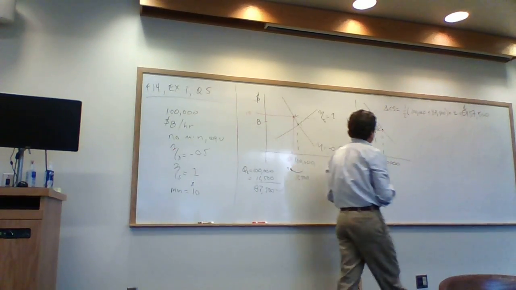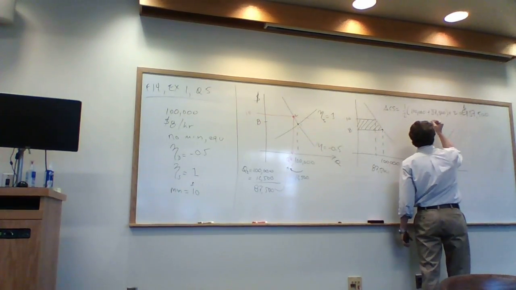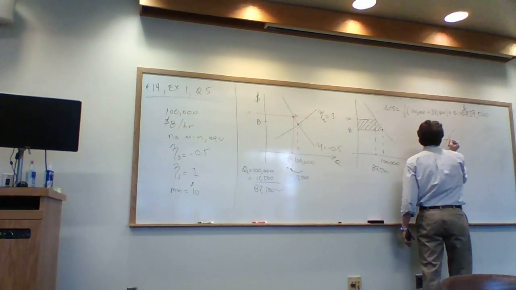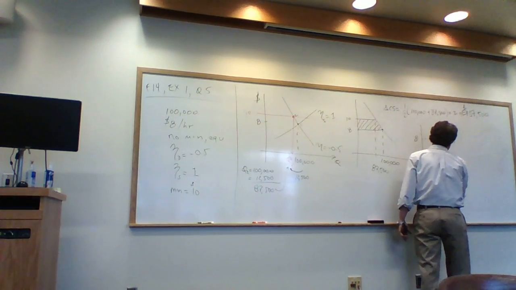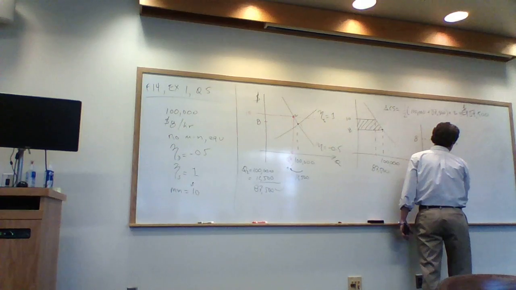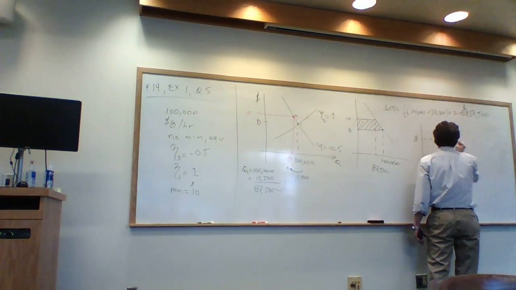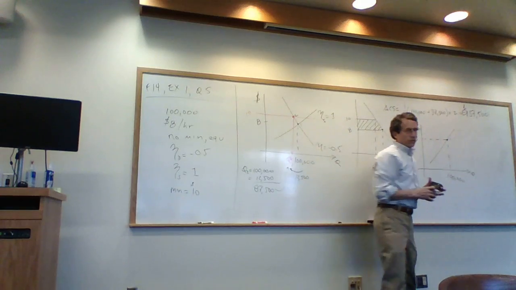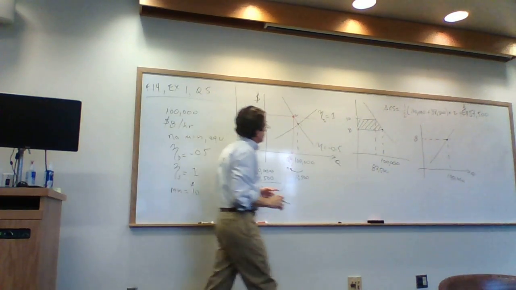Okay, so the producer surplus is the next piece. So that's the original equilibrium.